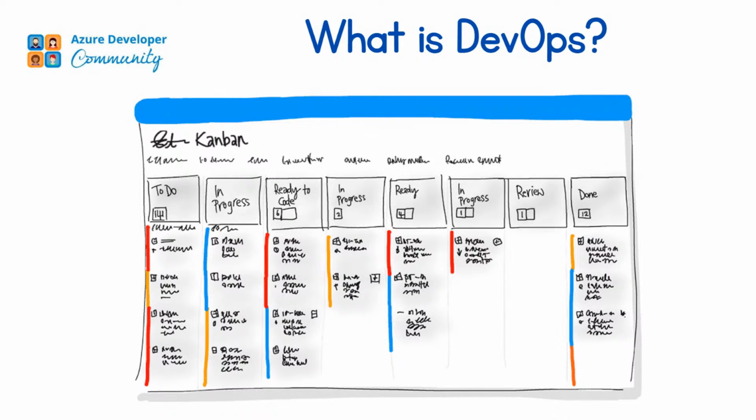DevOps defines delivering working software collections incrementally against business goals. So we are going in sprints, like okay, first complete this task, after this, instead of developing the whole project at once.